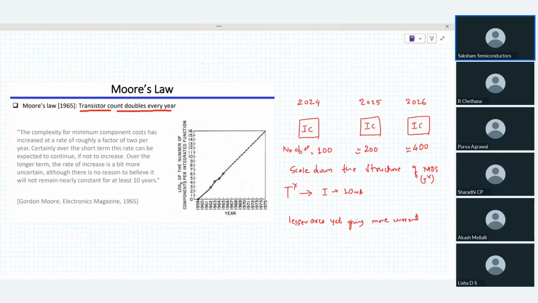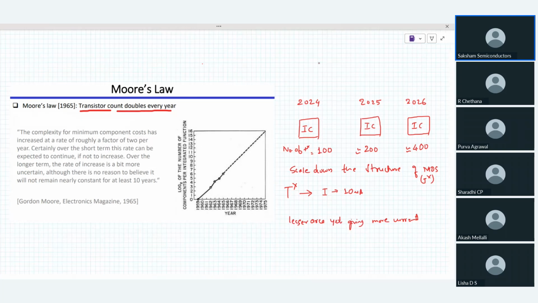That means the technological trends are advancing at such a rapid rate that in the same given area, we are trying to achieve much better performance than in the previous year. And what does that mean?